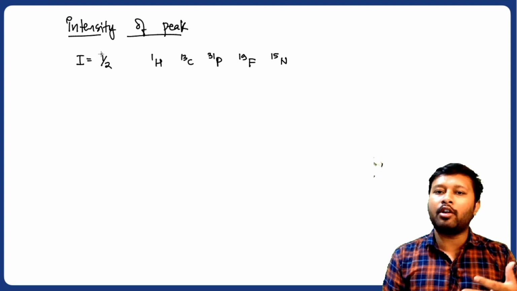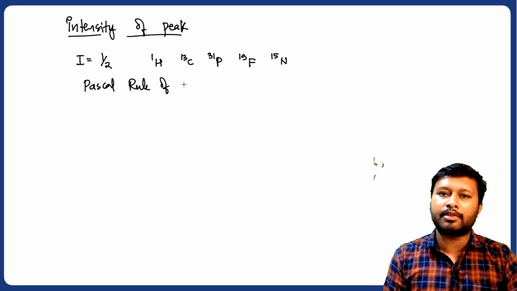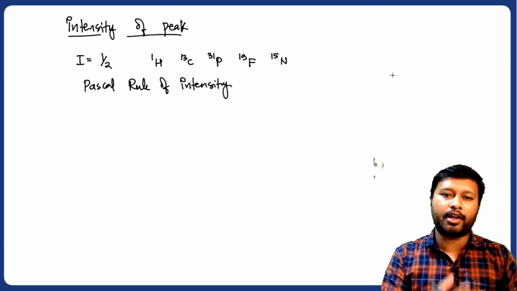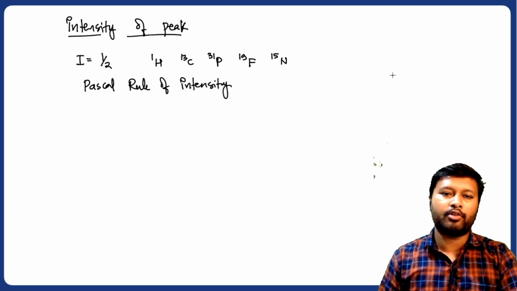So for all these nuclei there is a rule called Pascal rule or Pascal triangle rule, or whatever you call it. So the Pascal rule of splitting or Pascal rule of intensity is basically followed. Then there are nuclei which have I value not equal to 1/2. For them the non-Pascal rule is going to be followed.